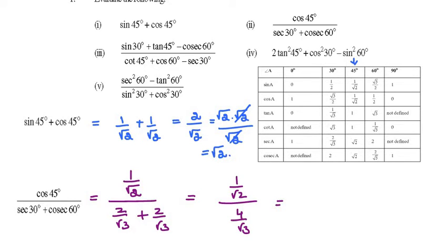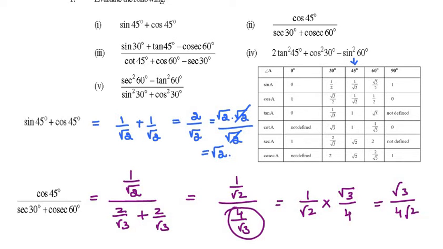So simplify this. 1 by root 2 into this 4 by root 3. If it moves up, it becomes reciprocal, root 3 by 4. So ultimately what we got is root 3 by 4 root 2.